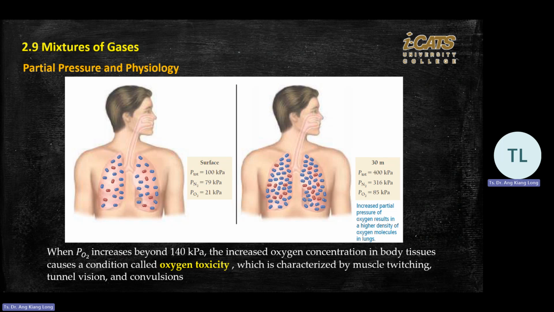At the surface, the partial pressures of nitrogen and oxygen in the lung are 79 and 21. But below water, total pressure increases from 100 to 400. Oxygen increases, nitrogen increases. The amount of oxygen is increased. You will have oxygen toxicity if not careful.